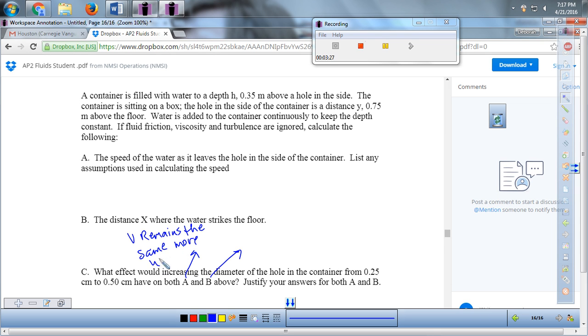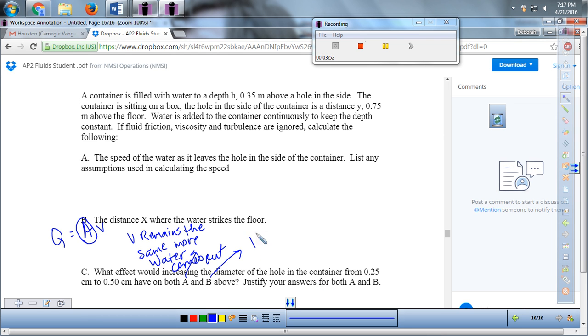More water comes out. Because remember, flow rate Q is equal to A v. Well, this is going to increase, but this has got to stay the same.